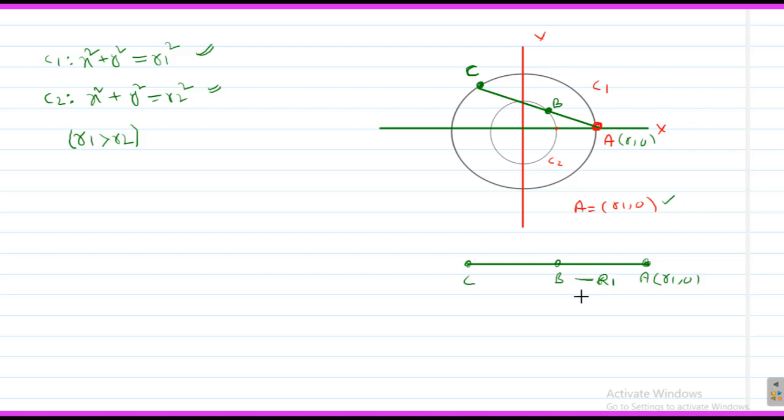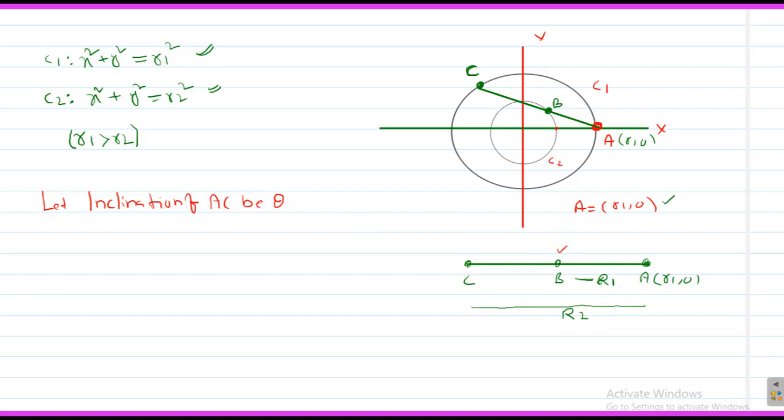Don't confuse. So this distance is capital R2. Now I want to use the symmetric form. That's why let the inclination of line AC be theta.